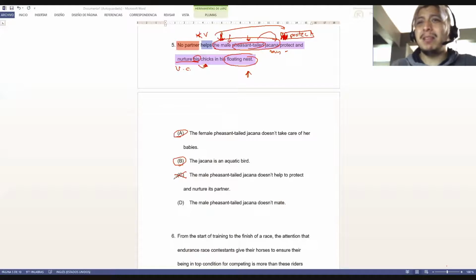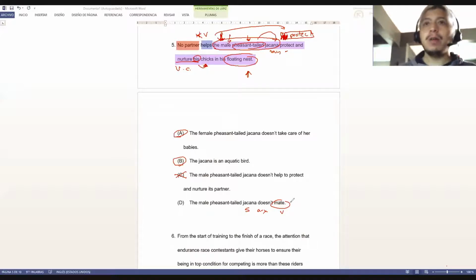I think it doesn't. The male fish and tail jacana doesn't mate. What is mating? Mate is a verb. You have a subject, you have an auxiliary with negative. This has to be a verb. Mating is like reproducing, but it's usually used for animals. The act of mating is the act of reproducing.